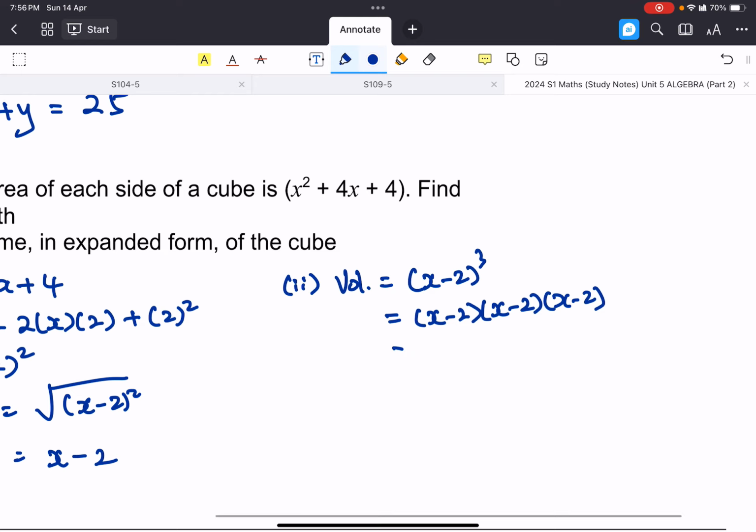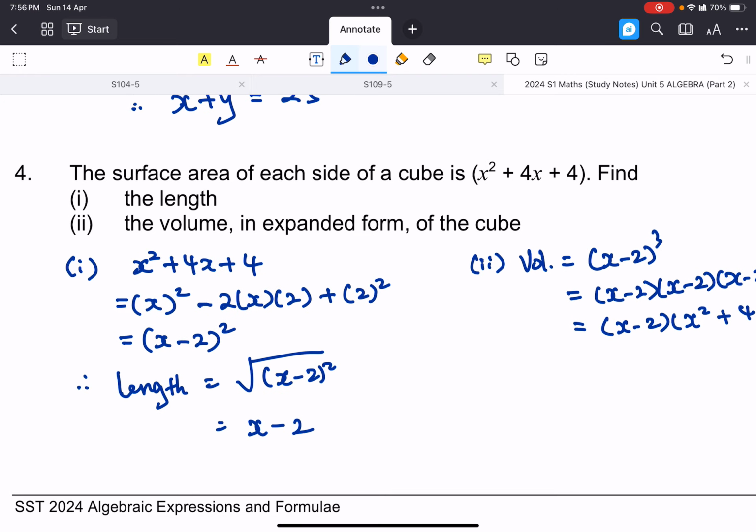So this will give us x squared minus 4x plus 4 times x minus 2, right? Or if this confuses you, you can always reverse the process, because I know some of you like the longer polynomial on the right side. It doesn't matter, right? Because a times b, b times a, they are the same thing.